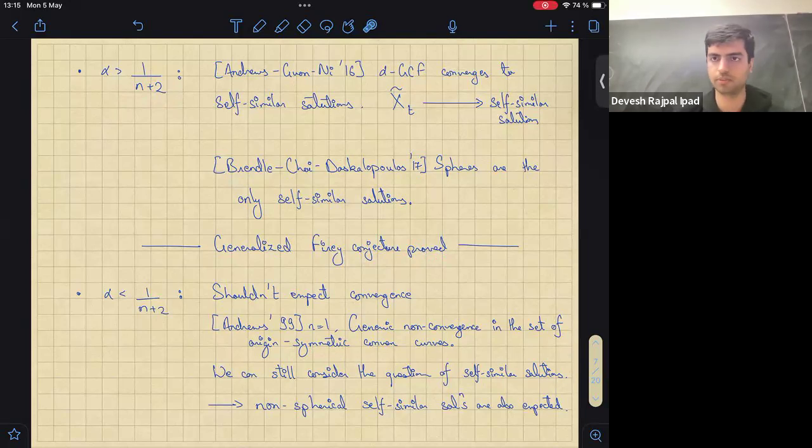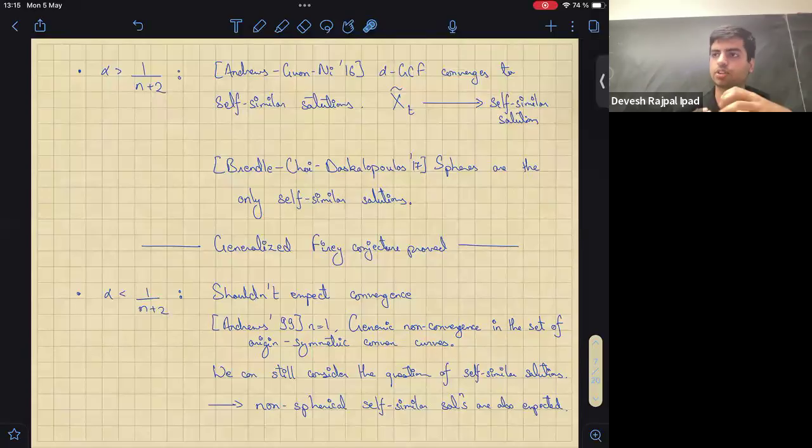For the other part, which is sub-affine powers, alpha less than 1 over n plus 2, we shouldn't expect convergence. Andrews proved a result in this direction, that for curves there is a generic non-convergence phenomenon in the set of origin-symmetric convex curves.